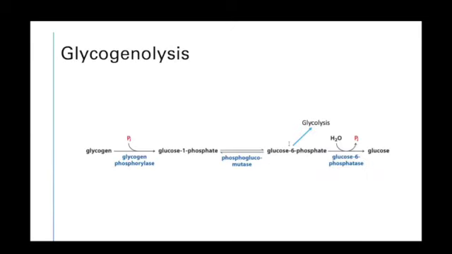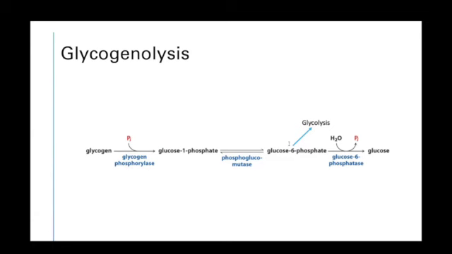Okay, and then we also need to be able to break down glycogen when we don't have a lot of glucose available and we need to make energy. We're either in starvation mode, or not necessarily starvation, but in low fuel mode because we haven't eaten in a while, or we're very active right now and we need a lot of energy, then we need to break down glycogen.